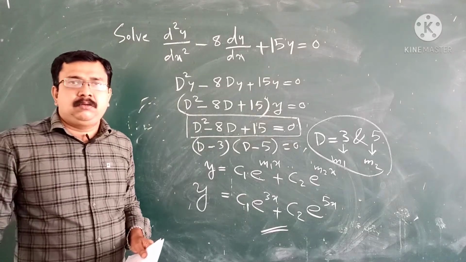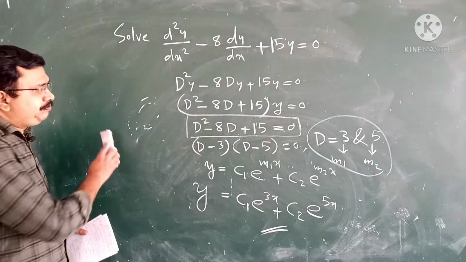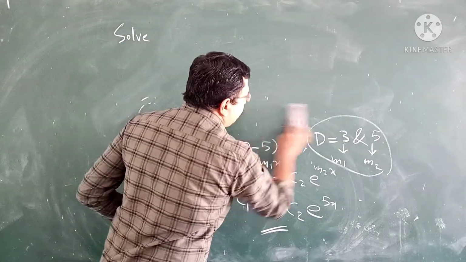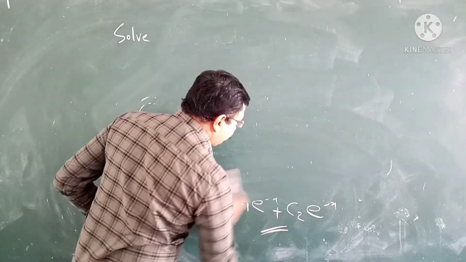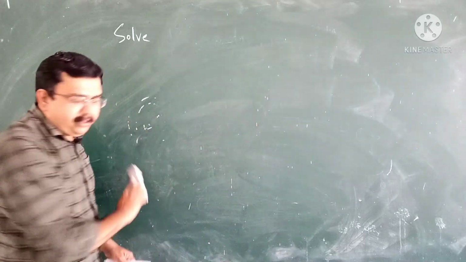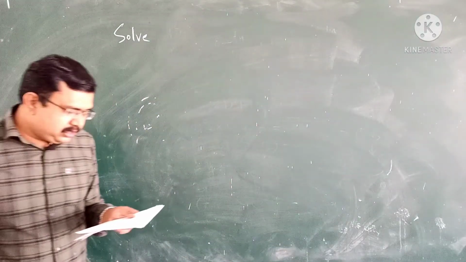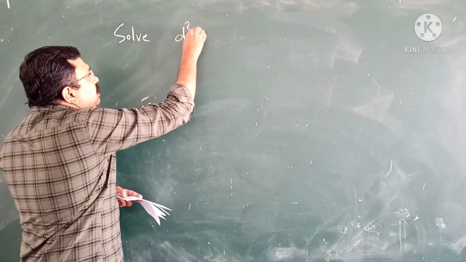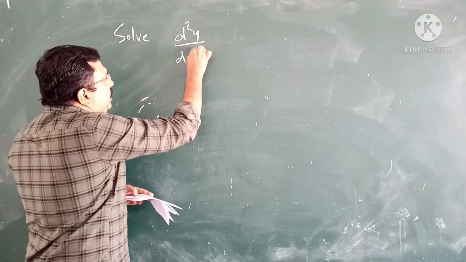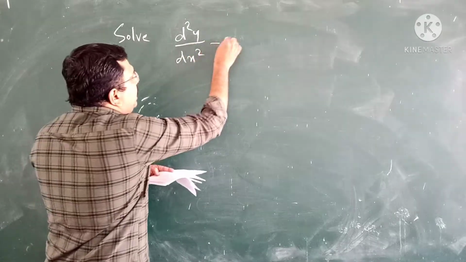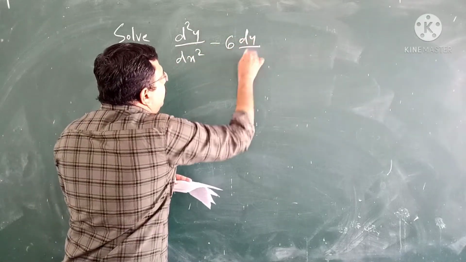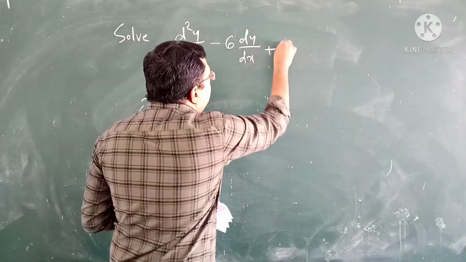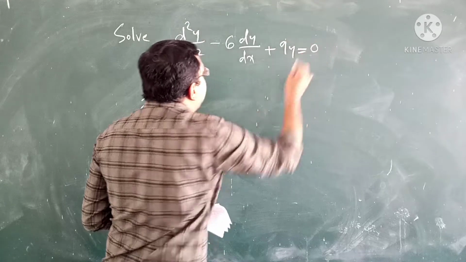Now we can do another problem. Our second question is, solve d square y by dx square minus 6 into dy by dx plus 9y equal to 0.